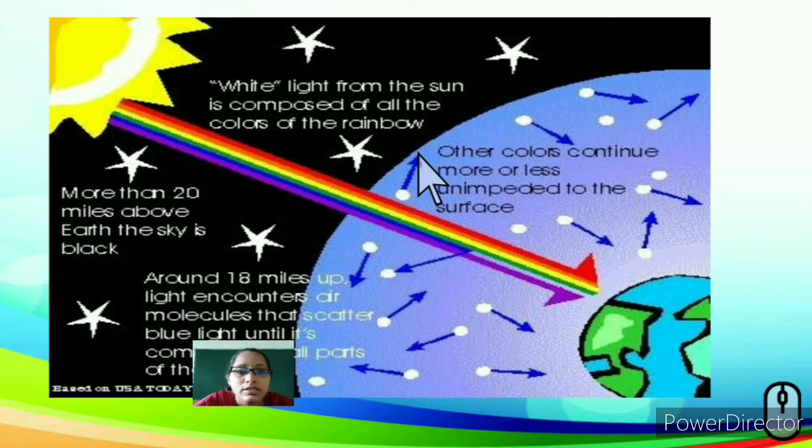The small particles will scatter blue light more than the red ones, hence the sky appears blue. You can see that other colors continue more or less unimpeded to the surface, because blue light is getting scattered by the smaller particles. So again, you can see the sky is blue.